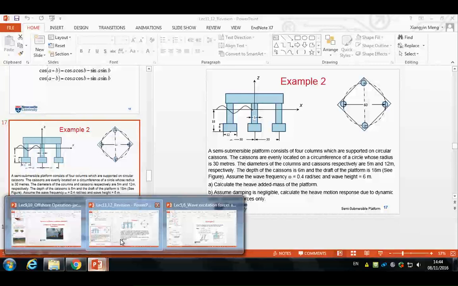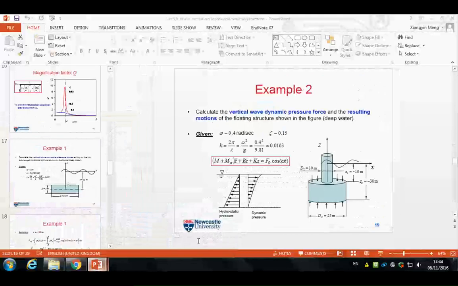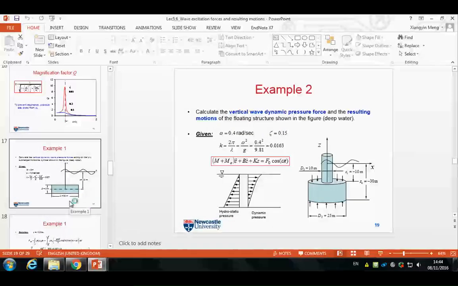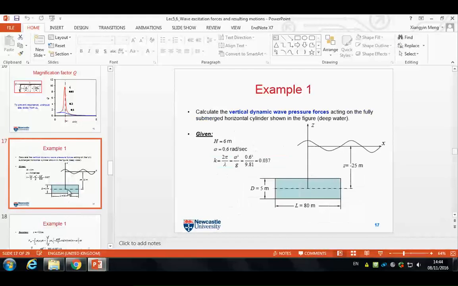Okay, thanks. Can we look at one of the examples, like this example? We're given this wave starting here. Is that the reason why we divide it into two?